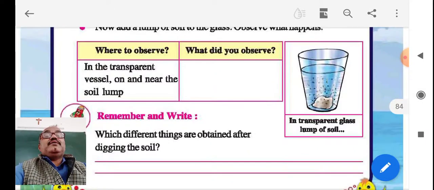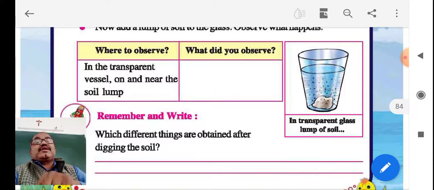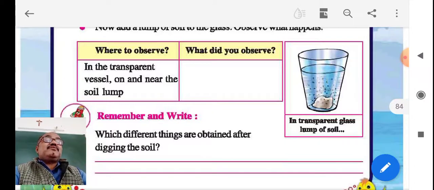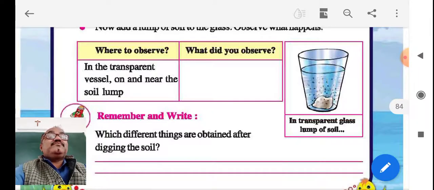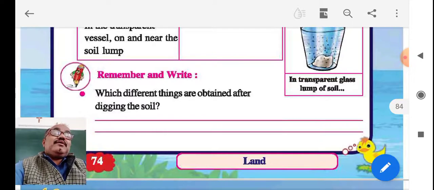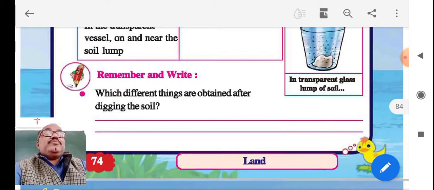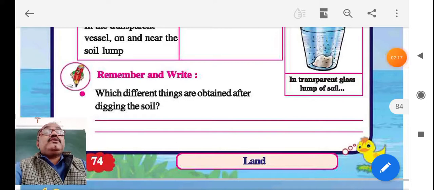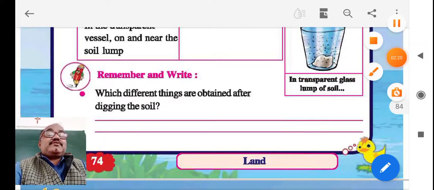And when we put one lump of soil into a transparent glass, bubbles come out from the soil, which is air. So soil uses water, air and sunlight to make the crops develop properly. That is the scientific observation we have to make.